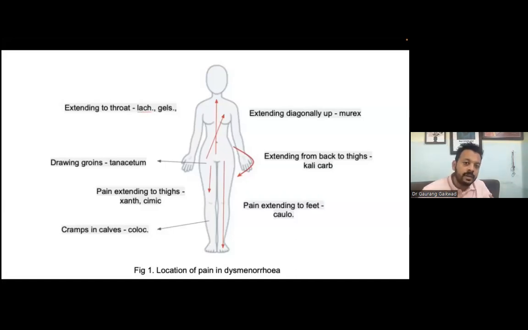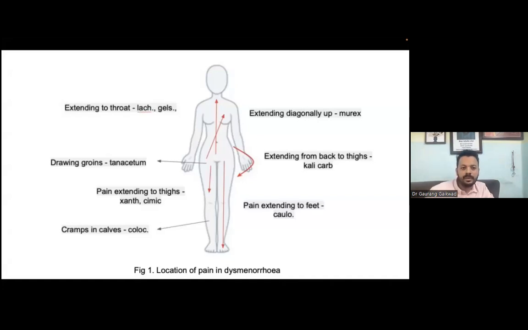where the idea is pictorially, strategically, for a case of dysmenorrhea, just by looking at the picture, you can remember different remedies. You can see pain going right to the feet, caulophyllum. Pain extending from back to front, kali carbonicum. Pain in dysmenorrhea going from one side to the opposite side, diagonally upward, murex.